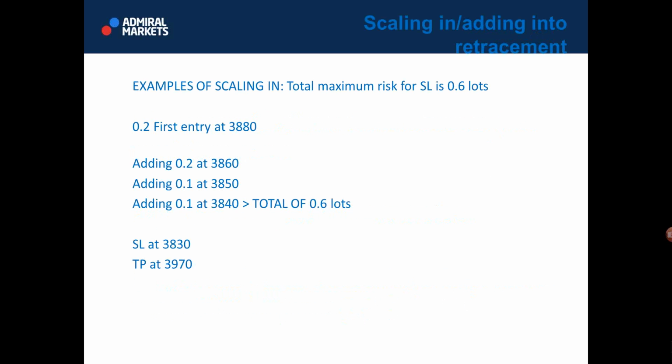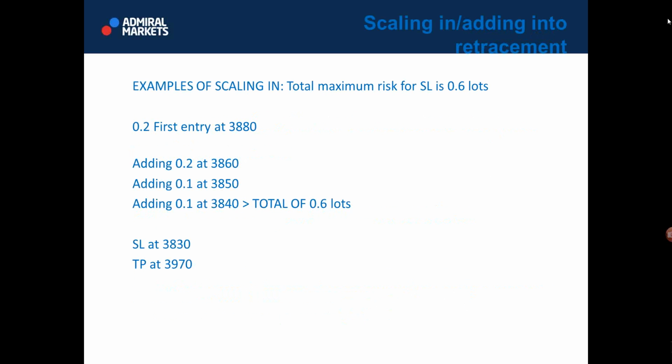So this is, let's say, an example of scaling in. Let's say that we have decided to trade 0.6 lots, and those 0.6 lots will fit into our 1.5 or 2% of a risk. So basically, you would make a trade with only, let's say, 1 to 2% of a risk if you open 0.6 lots, based, of course, on your stop loss.